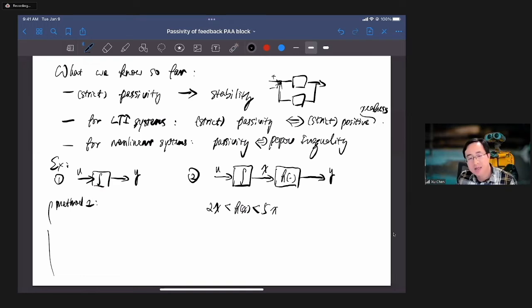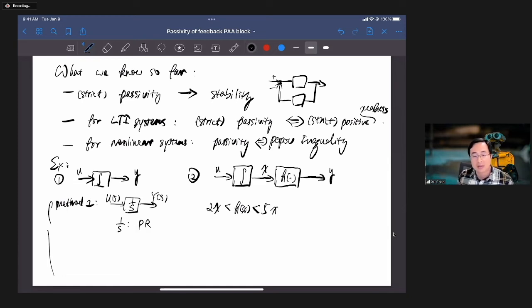The first perspective is to recognize that integration is equivalent to 1 over s in Laplace domain. And for this one, we can check that integration is actually positive real.